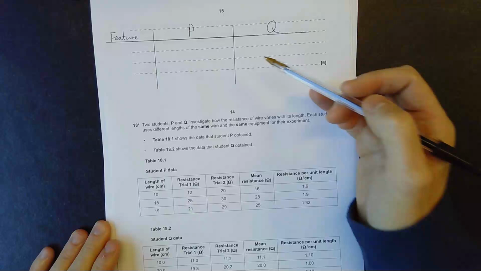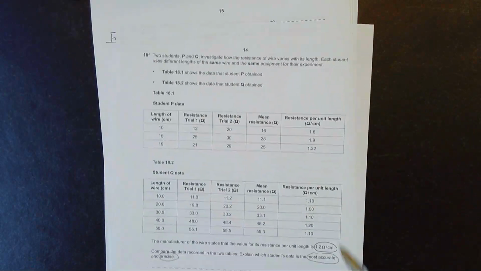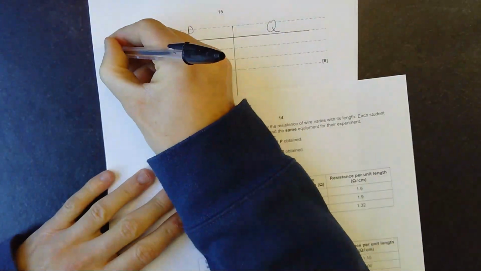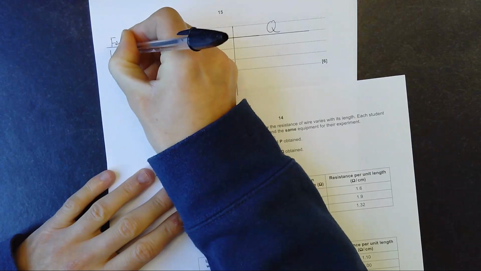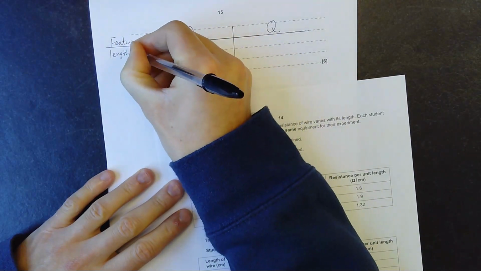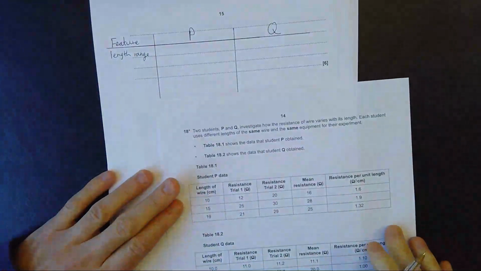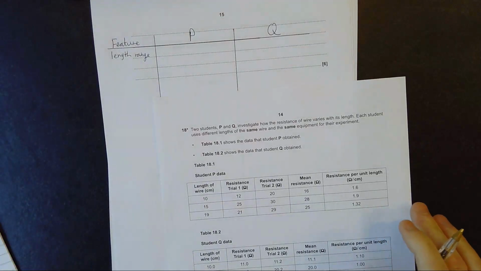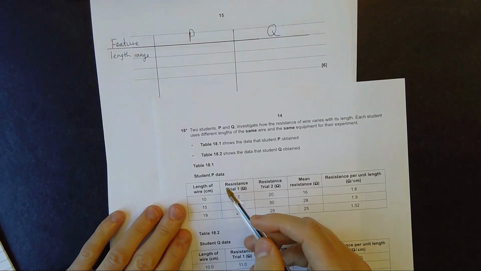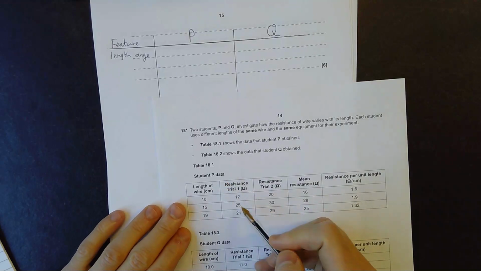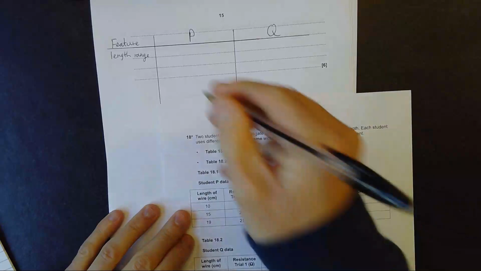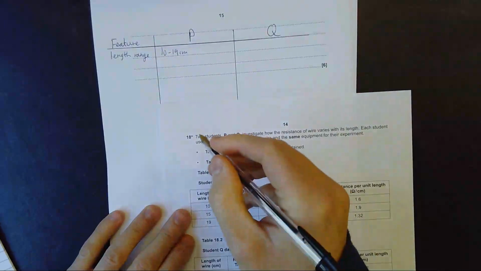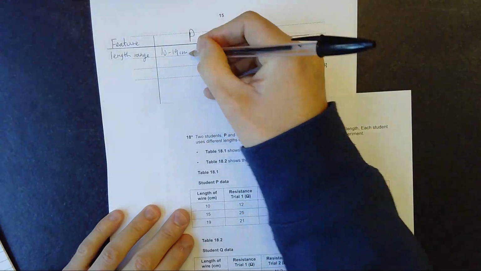Okay. So the first feature I'm going to compare is the range of values that they've used. So I'm going to write the feature as the length range. And we can see that for table P, the range is from 10 to 19 centimetres, which, let's make some judgments about that. First of all, it's a small range.